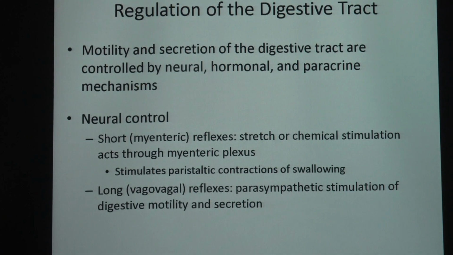Let's talk about the neural control. Okay, real quickly. We need to talk about the 3 phases in which food goes through digestion. This happens to be the neural component of it, and there are 3 phases, starting with the neural control. Okay, number 1 is what we call the cephalic phase, found in the brain.